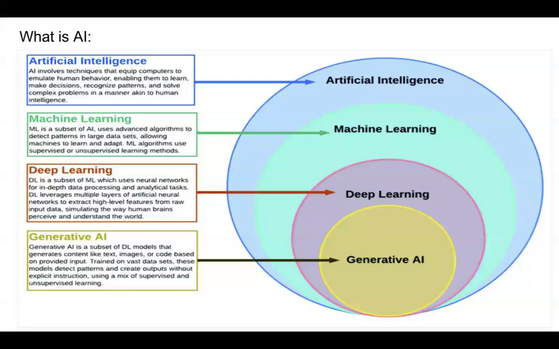So what is AI? Artificial intelligence means that intelligence which tries to mimic the human, just like a copy of the human. It is currently in progress; it is not fully developed that we are able to replicate humans. Whatever humans can do, a machine can do.